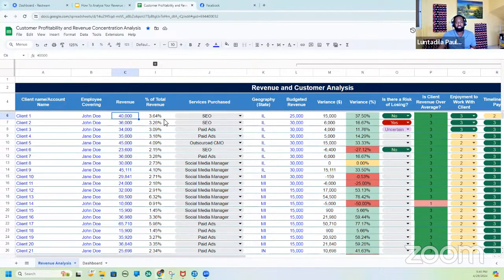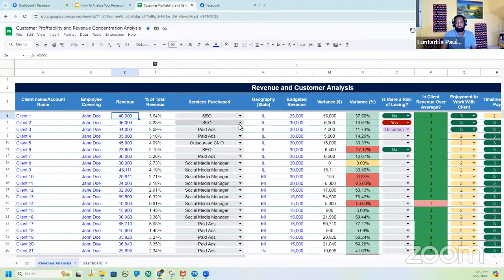Another important question is to think about, okay, what led to the increase in revenue from this client? Is it because we increased our fees to this client, or were there other factors, like the client is growing faster and they are therefore increasing the demand for our product or service? Okay.